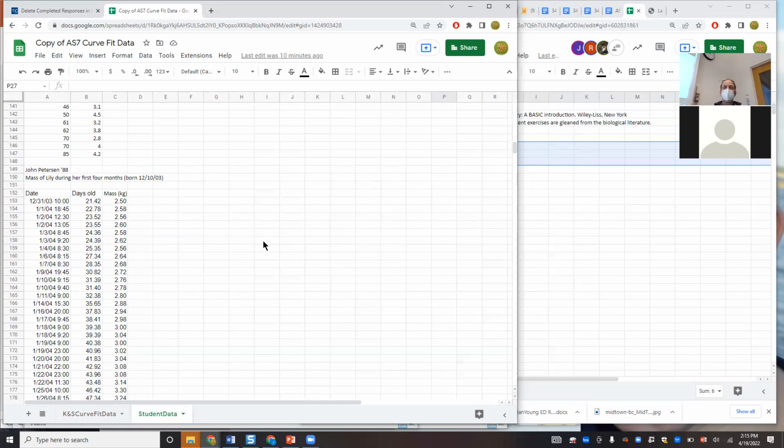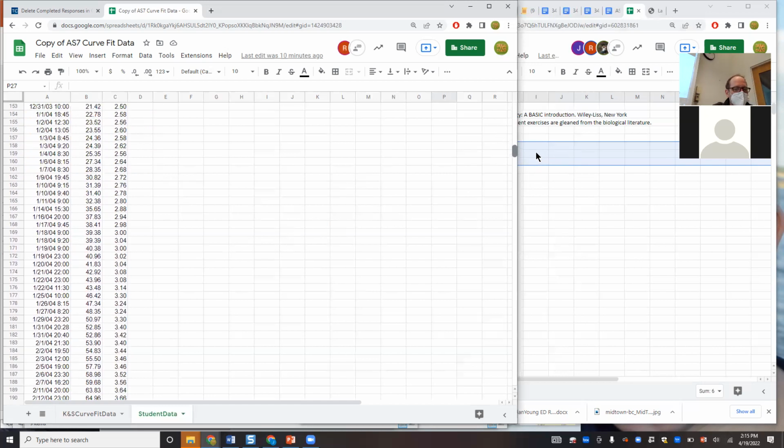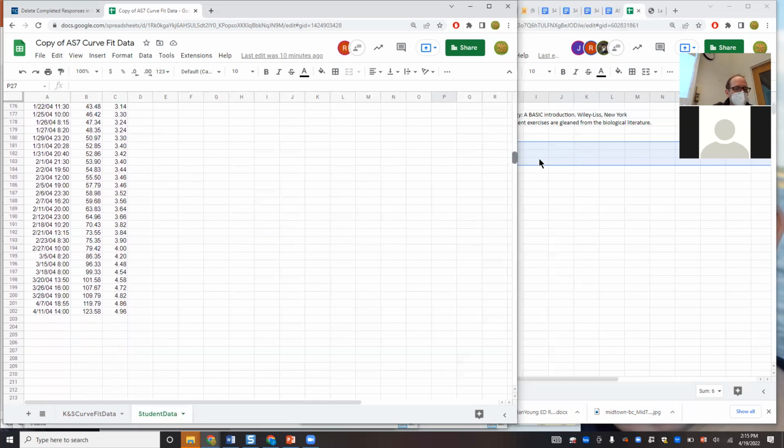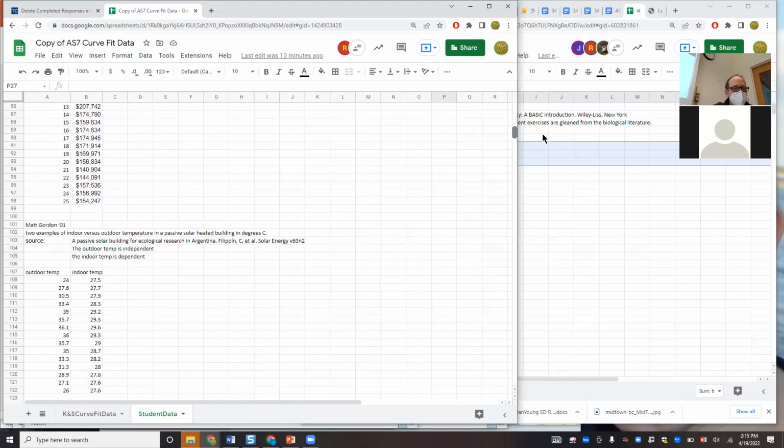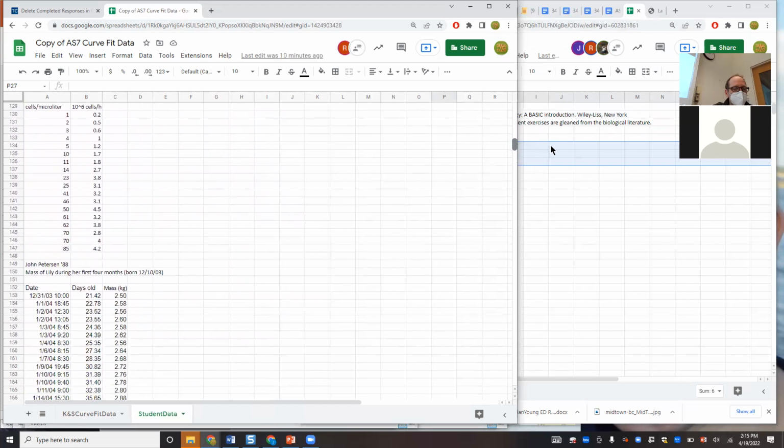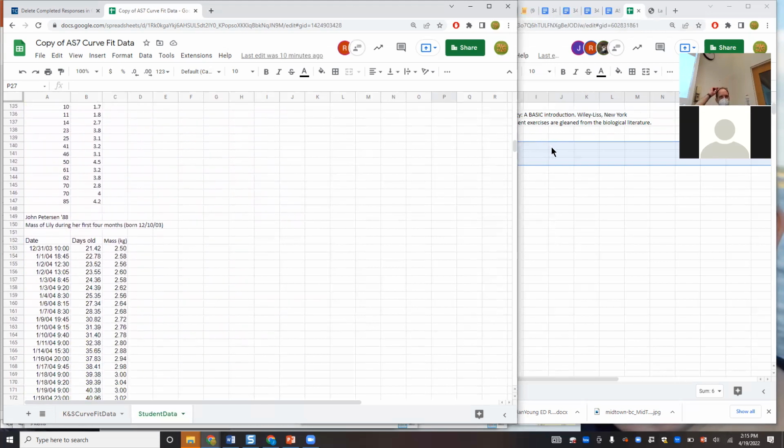Now, let me ask you this question. So here's a situation where you have some understanding of growth of human beings, right? What their pattern of growth looks like. And I'm only graphing, let's see, we have data going up to 123 days of her existence as a baby.